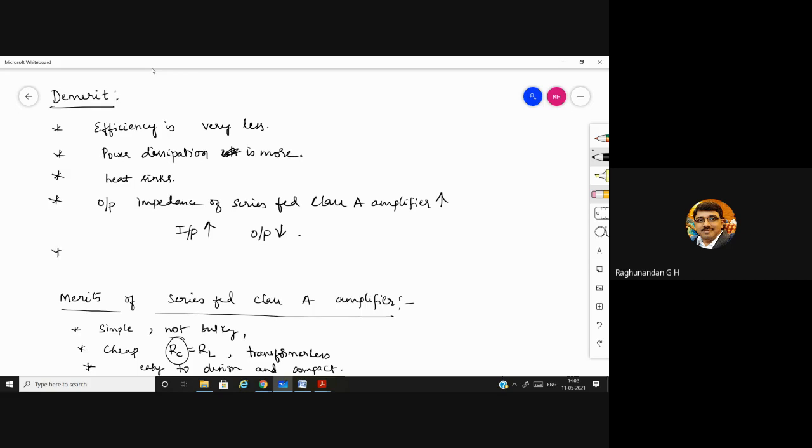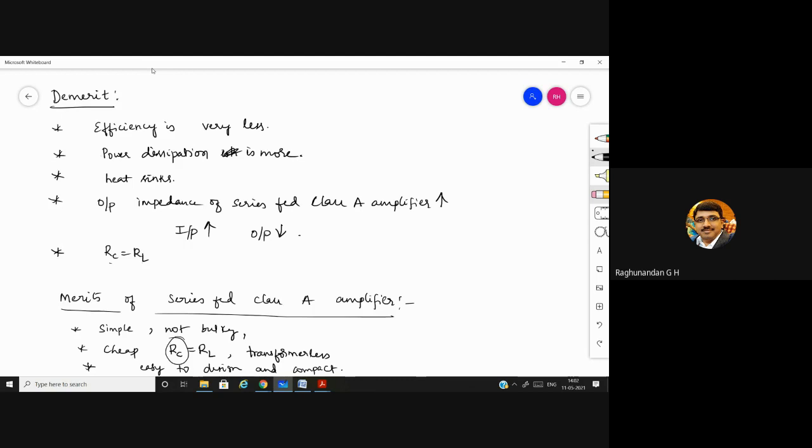And also you can see in the circuit, as we are telling, the series fed class A amplifier. Why is the term series fed? Because the collector resistance and the load are the same.